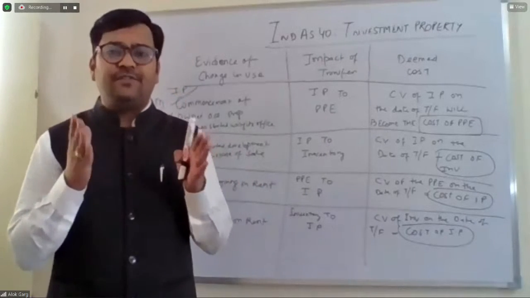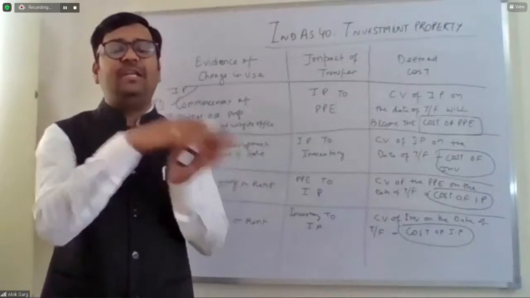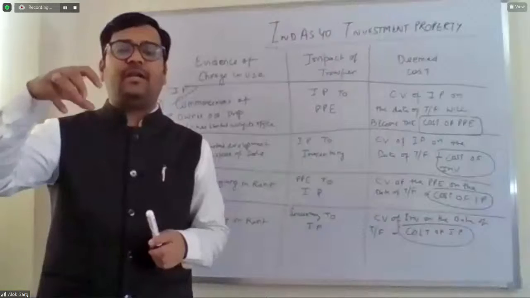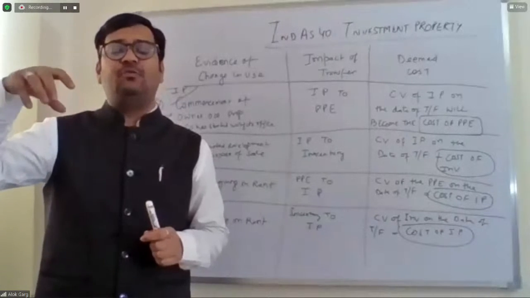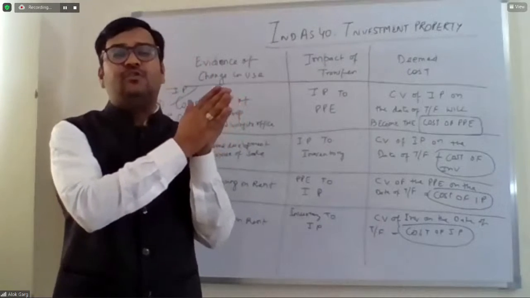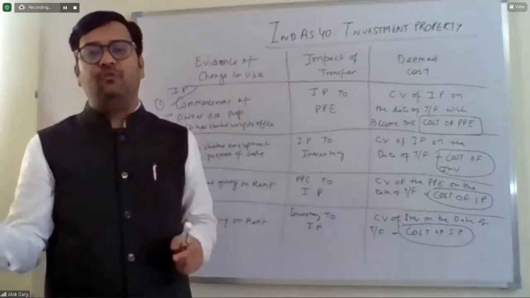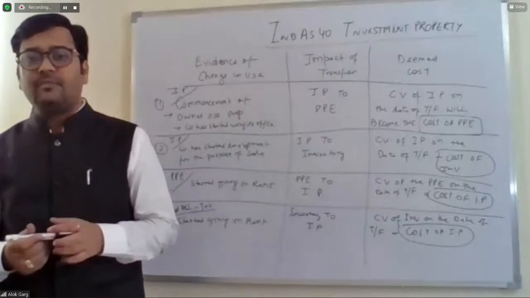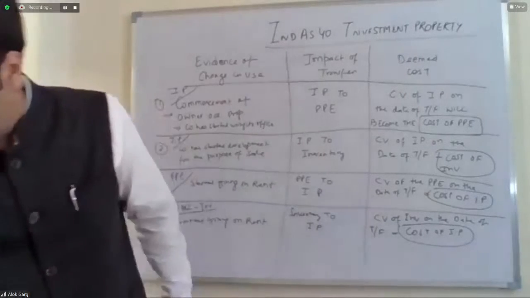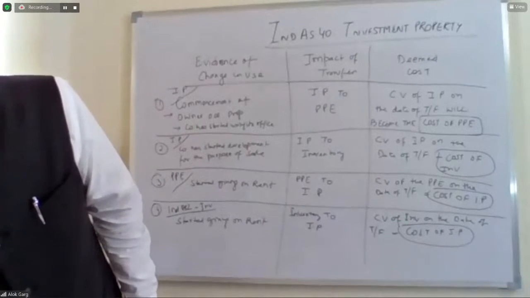On the date of change in use, the asset has to be reclassified and taken at an opening value, whatever the carrying value of the earlier asset was. This will become the deemed cost of the new asset. Any doubt here? Any problem? Please let me know.